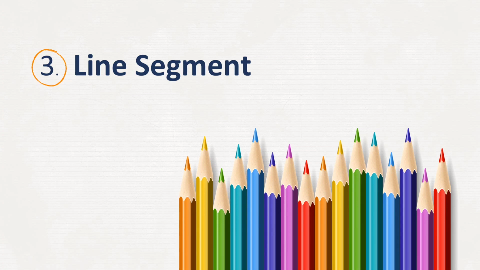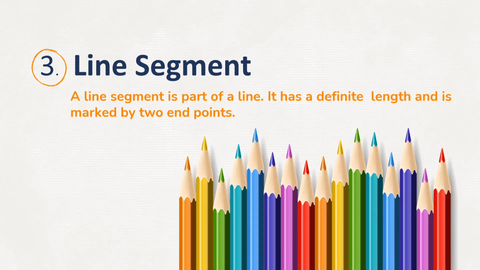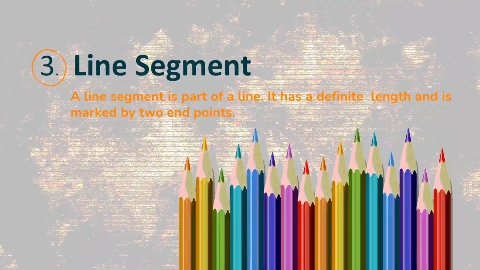But a line segment will have a starting point and an ending point. It cannot be extended. A line segment is a part of a line. It has a definite length and is marked by two end points.